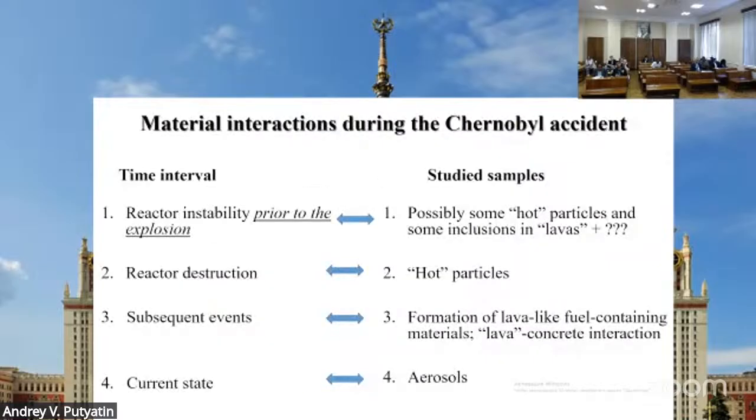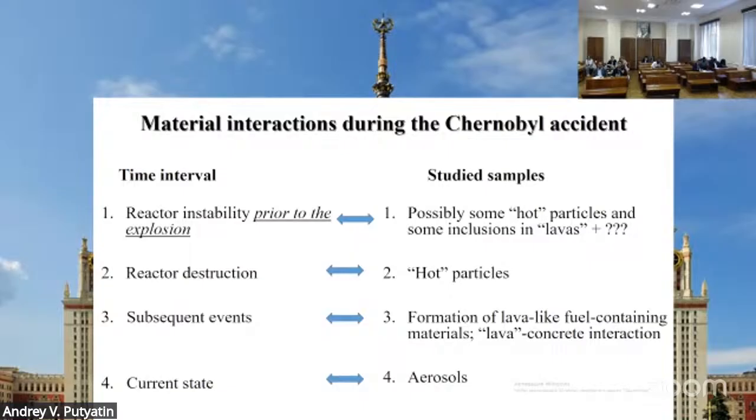So what happened during the Chernobyl accident from the materials point of view? Prior to the explosion, you have some instabilities which are leading to formation of zirconium, uranium oxide systems. And I will show you some of the hot particles which were formed during this period of the accident. Then you have a reactor destruction. In the Chernobyl case, it was just an explosion.